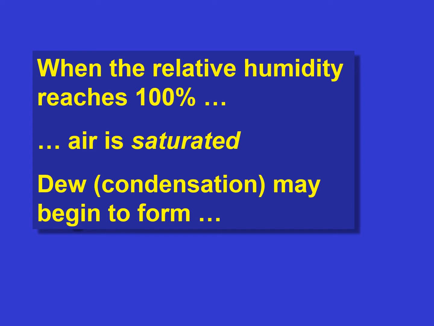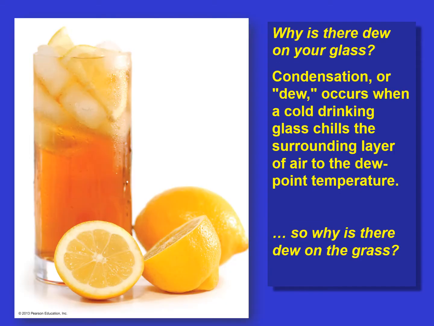This can be at the surface, like dew on the blades of grass on a summer morning, when it got somewhat chillier overnight and the air cooled enough to bring down the dew point temperature, and you end up with condensation occurring, say, on your car windshield or on the blades of grass. This is also important when you're forming clouds and air rises and adiabatically cools, reaching the lifting condensation level, 100% relative humidity, and cloud droplets start to form.